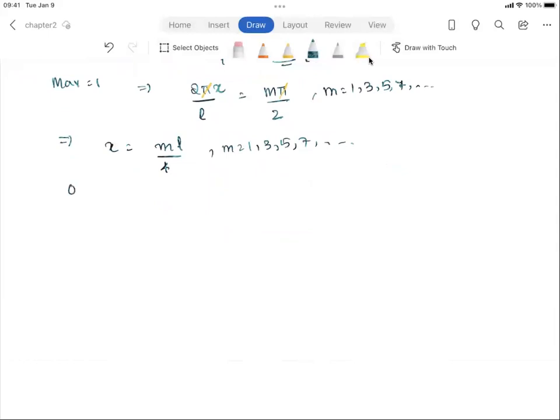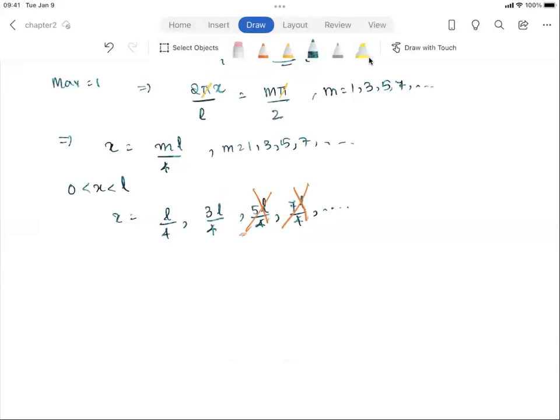And we have our constraints that x be between 0 and L. So x can be L over 4, 3L over 4, 5L over 4, and so on and so on. However, these values are not possible because 5L over 4 is 1.25 times L. So everything that's starting from this value is going to be outside your box.